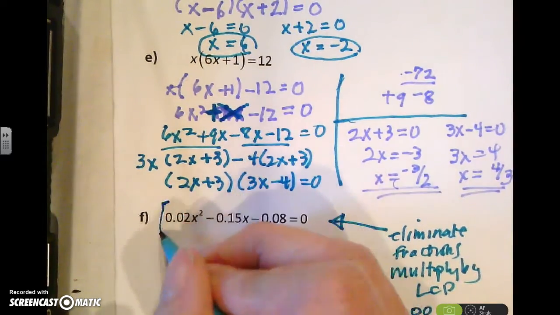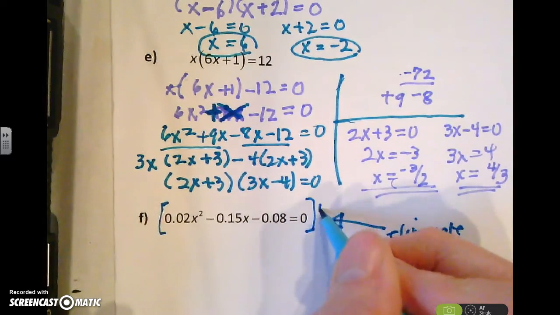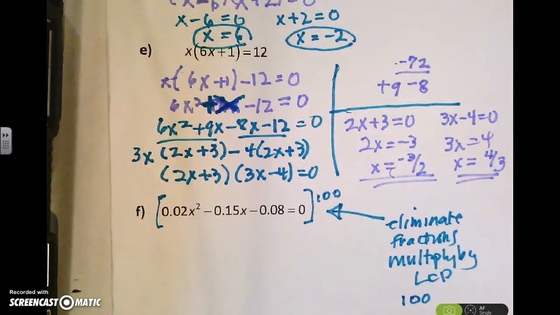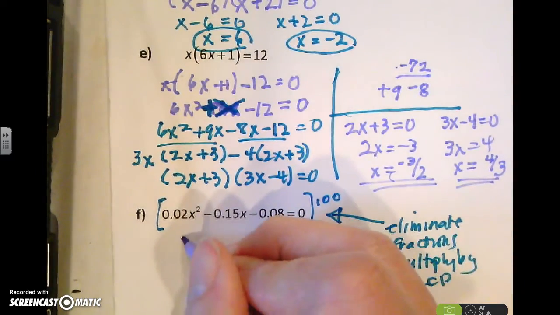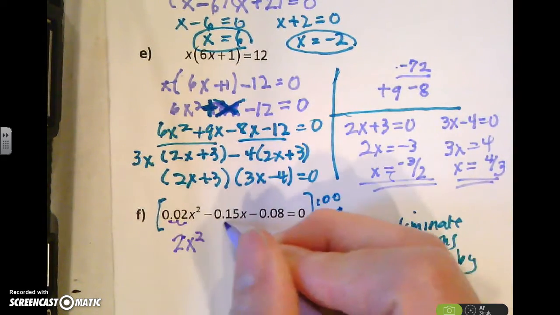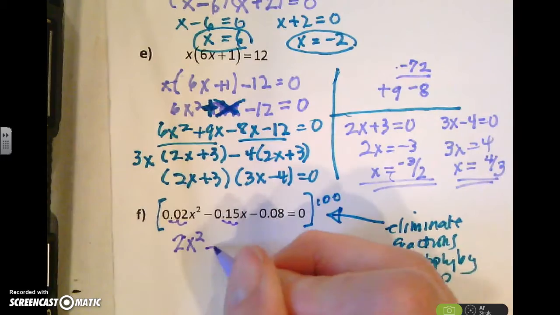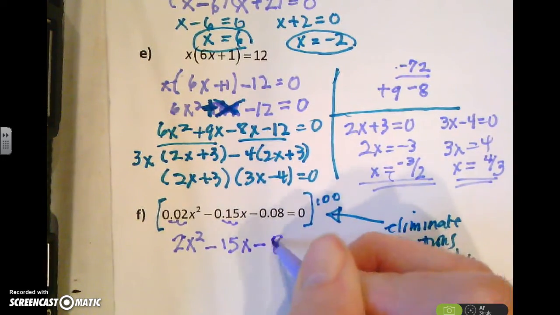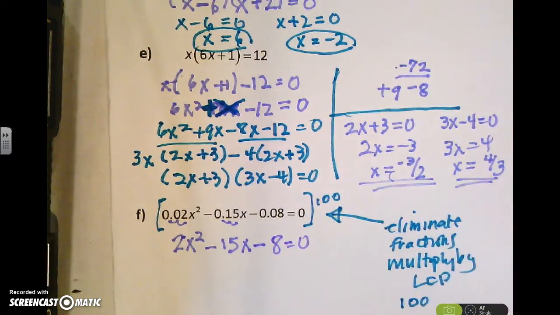So I'm going to multiply through this by 100, and that will give me, for the first term, 2x squared, move it over two places, minus 15x minus two places, 8, is equal to 0.